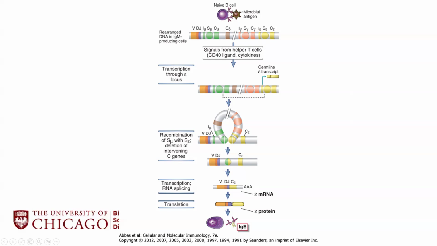It's approximating with a constant region epsilon. So you get that same VDJ that's preserved. All the rest of these constant regions are popped out, so it no longer has the capability to turn to an IgG. And here you have a recombination event that will allow it to isotype switch to IgE.